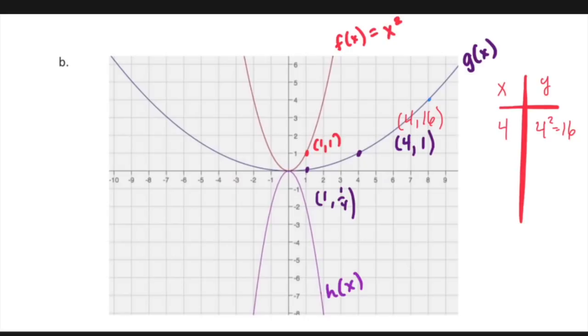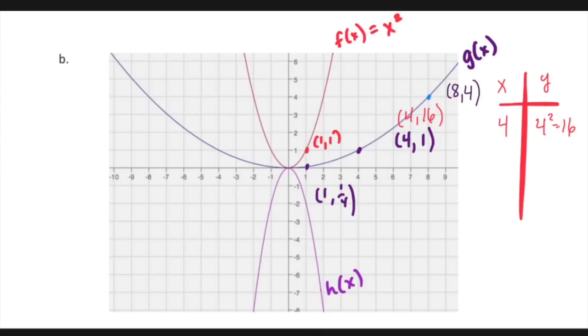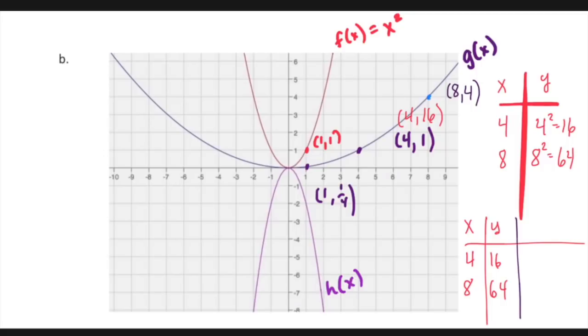I'm just looking for some points that I can find that are not half points or quarter points that I can use to do that comparison. And what I'm actually going to do is set up a double T table. My red values are going to represent values coming from the parent function, and my purple values are going to come from my new function, in this case, g of x.